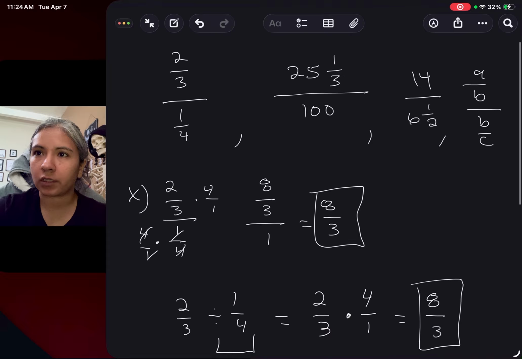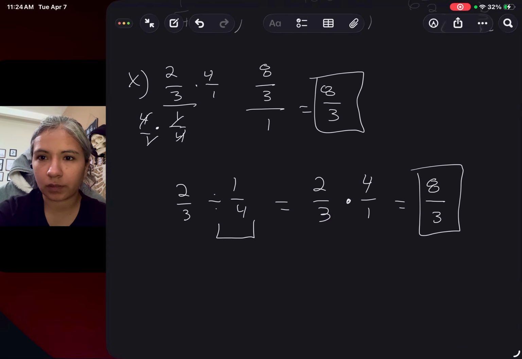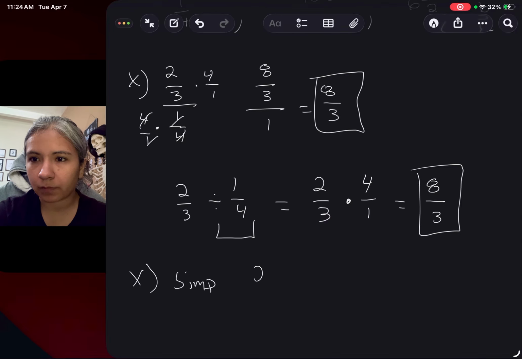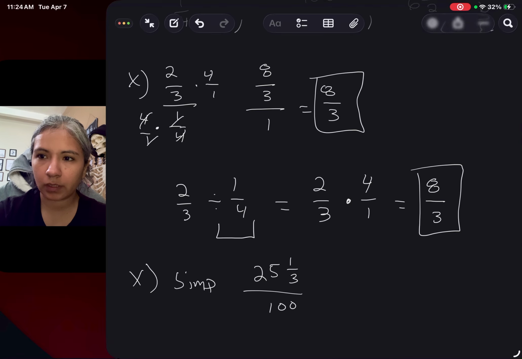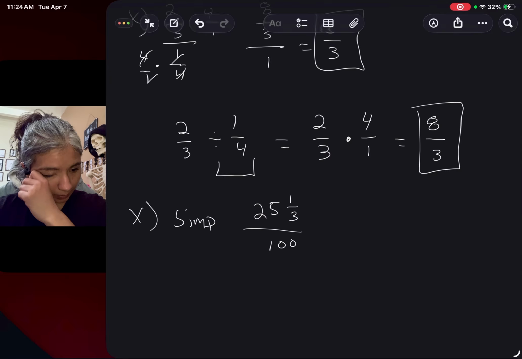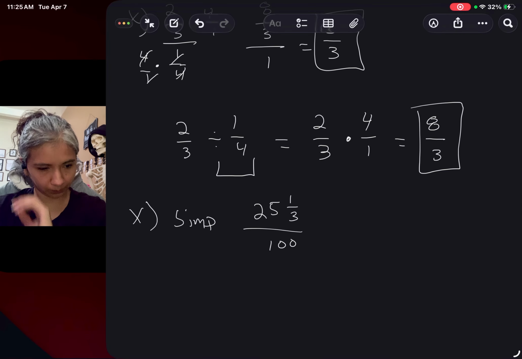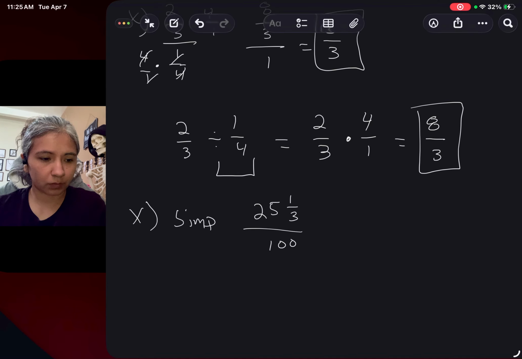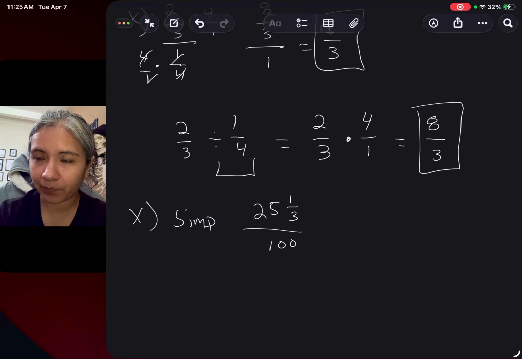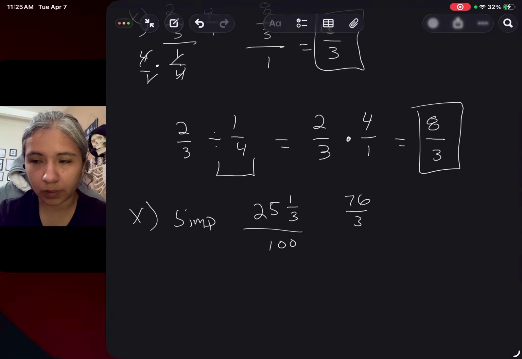So for our second one, 25 and 1/3, let's simplify. 25 1/3 over 100. So let's change our mixed fraction just to a regular fraction. So 25 times 3, which is 75, plus 1. So 76/3, and our 100/1.